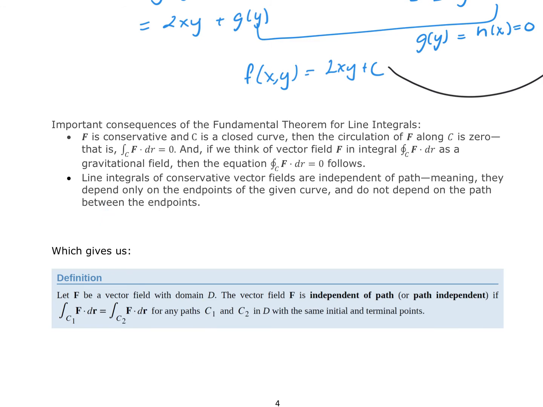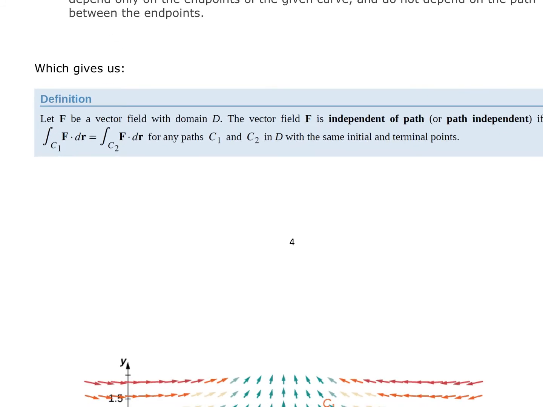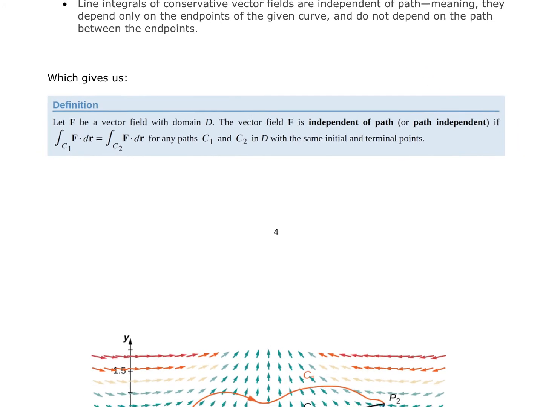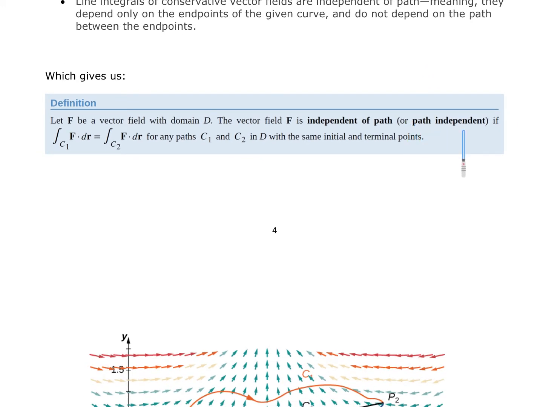That now gives us this. Let F be a vector field with a domain D. The vector field F is independent of path, or path independent, as we say, if the integration along the curve C1 of f dot dr is equal to the integration along the curve C2 of f dot dr for any paths C1 and C2 chosen within D with the same initial and terminal points.